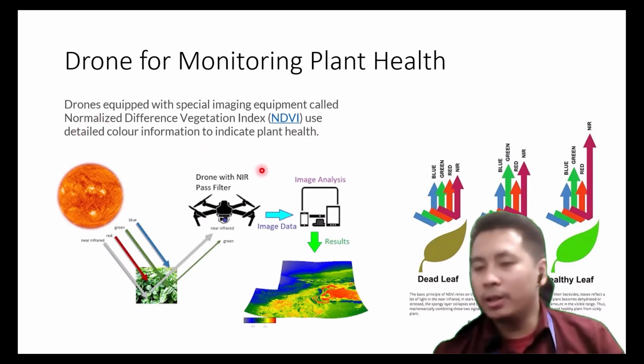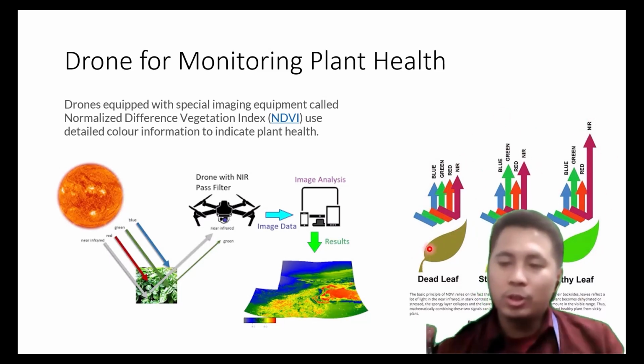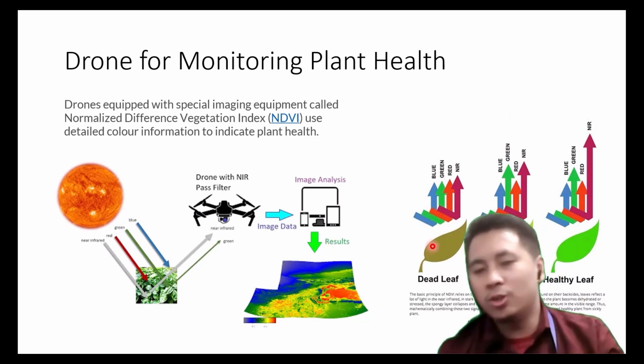For example, we can find a dead leaf, a stressed leaf and a healthy leaf with this kind of spectral intensity. We can distinguish them with the imagery data, and that is efficient if we are using a drone.